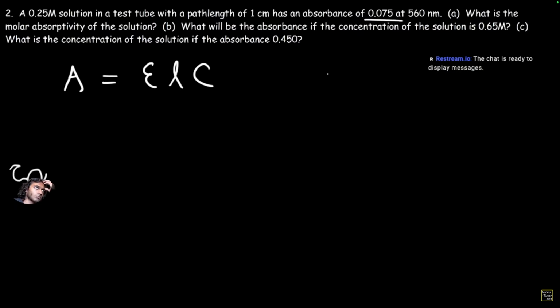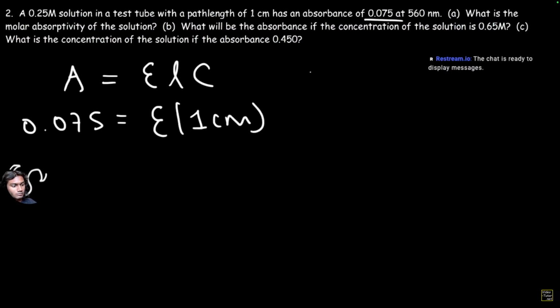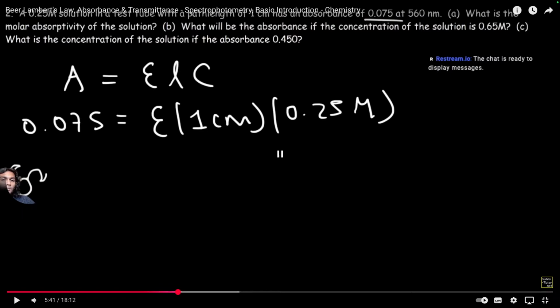We're given the absorbance, 0.075, and our goal is to calculate the molar absorptivity. The path length is 1 centimeter, and the concentration is 0.25 moles per liter, or capital M.